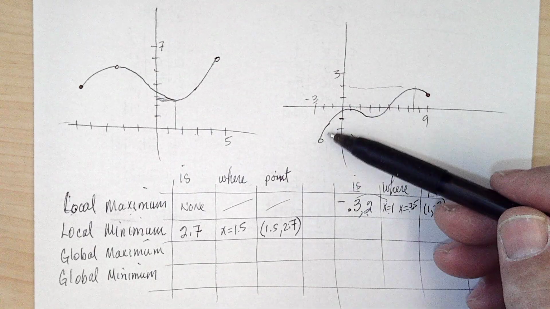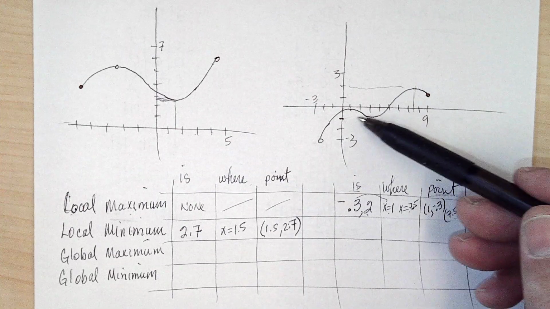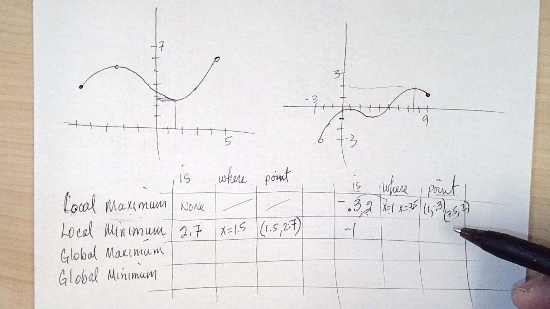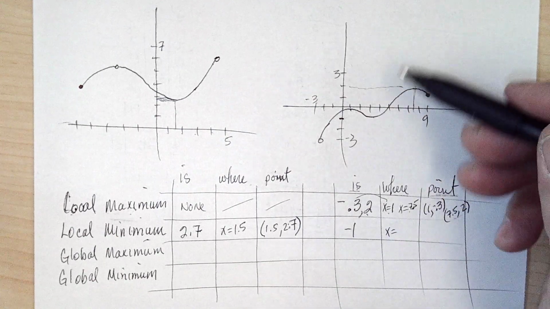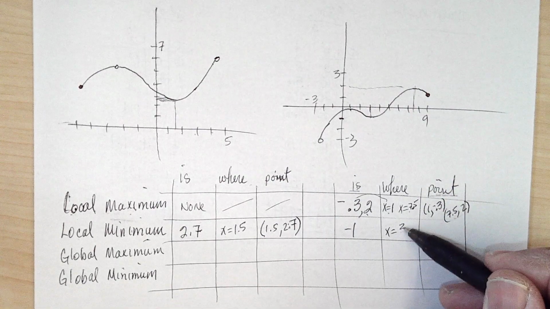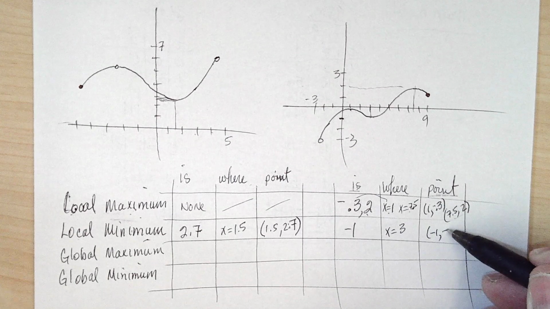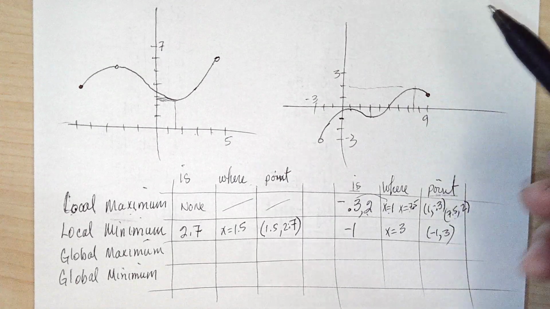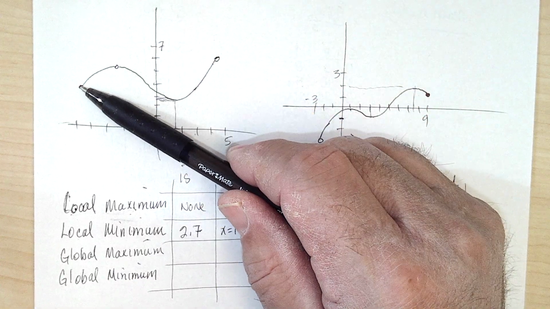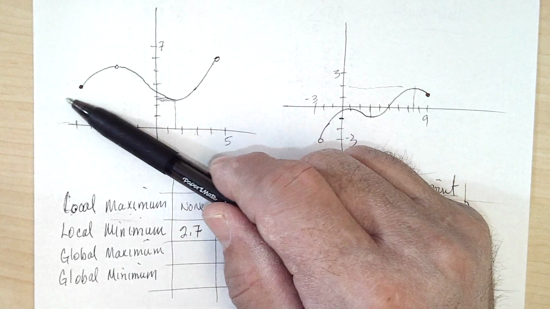On this one, looks like there's a local minimum here. And it looks like it's about -1. Just a rough estimate. Where it looks like it's happening at x equals about 3. And so the point is at 3, -1. Now, some might think that's a local minimum, but it is lower than everything on the right, but we don't know on the left.